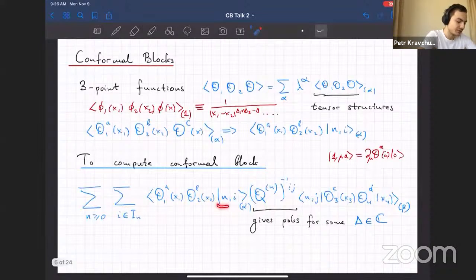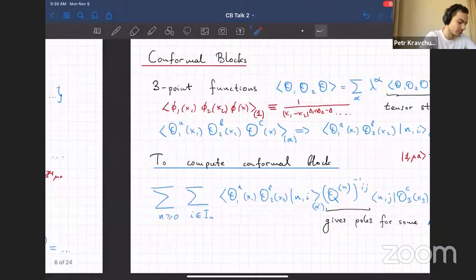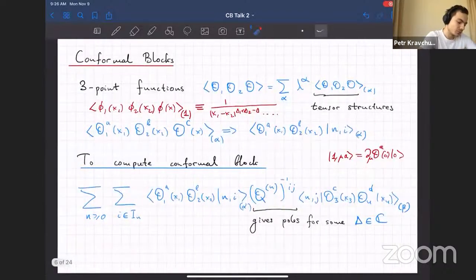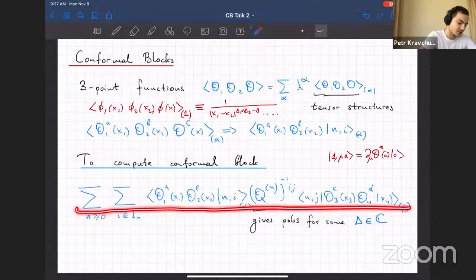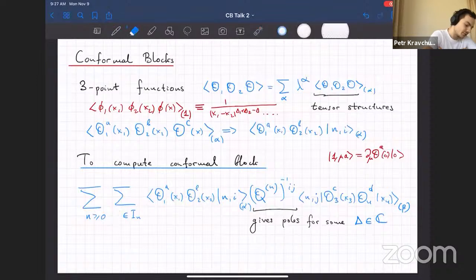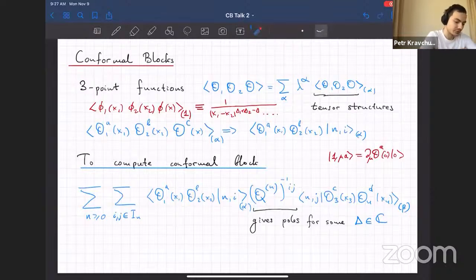But since the basis of states that we chose, labeled by I, is not necessarily orthonormal, and by looking at this in matrices you can definitely see that it's not orthonormal, to account for this we need to sum over different i's and j's and insert the inverse of this matrix Q here. And this expression will give us the conformal block after we factor out the 4-point tensor structure.